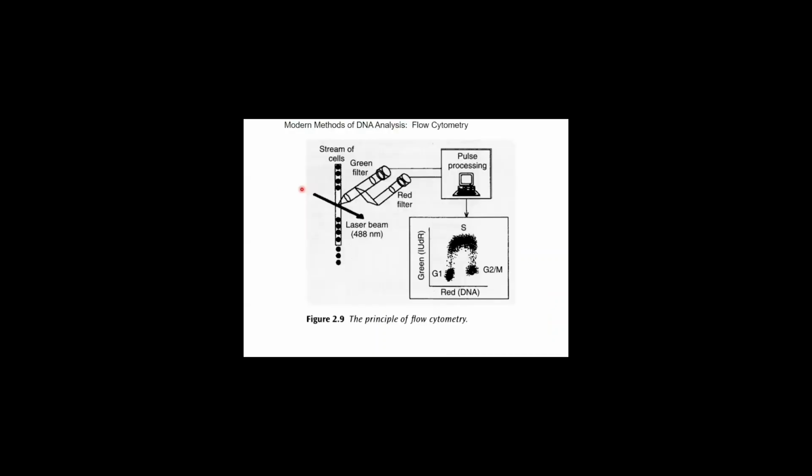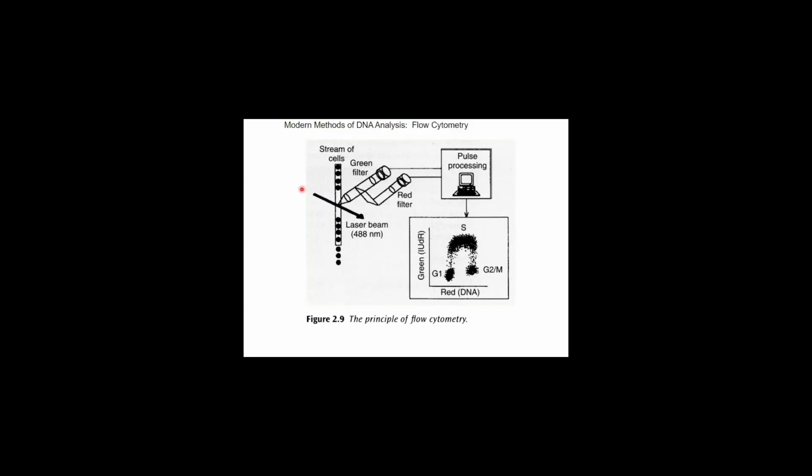But there are other things that we can do with this. We can sort cells, so you can sort cells that have a label versus not, based slightly on charge using, again, the laser beam. But the most common application is this one I'm going to show you now, which is a dual label situation.